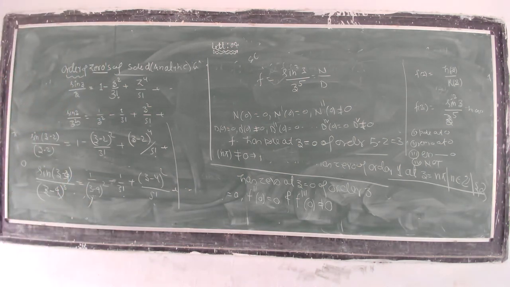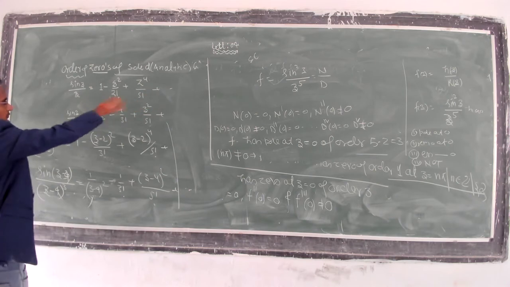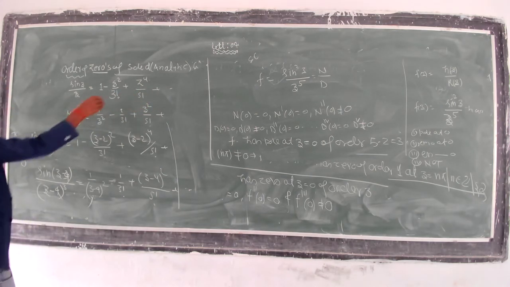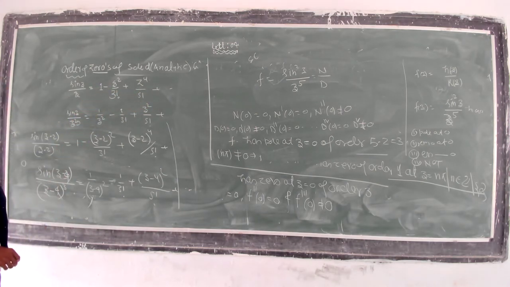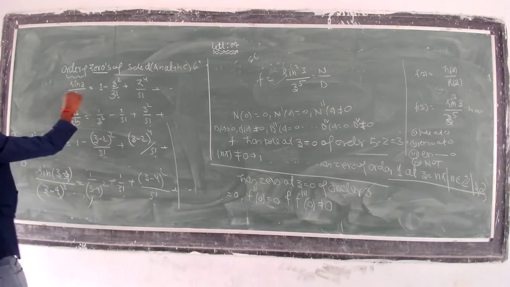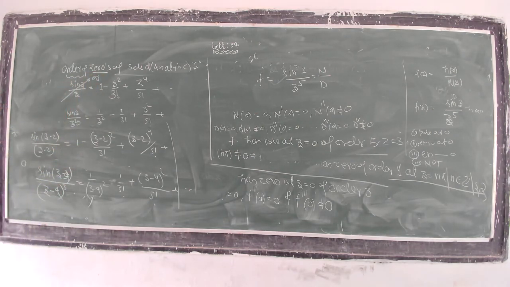Here you have to just notice some points. sin z over z: this whole function is not tending to infinity. This function is going to infinity. This function is going to infinity. Another one, this function is also going to infinity. I think it was something cube.